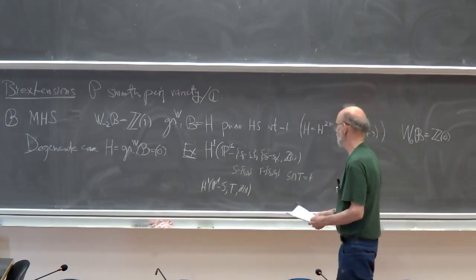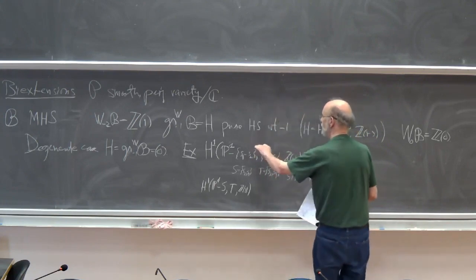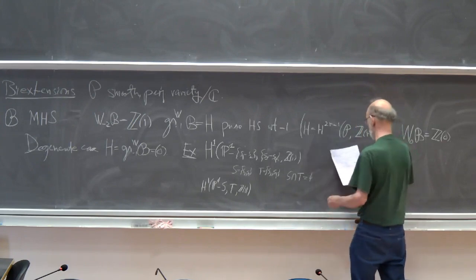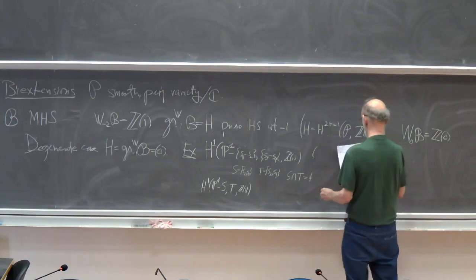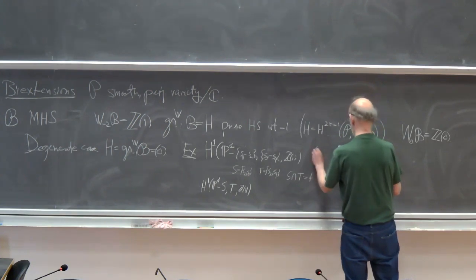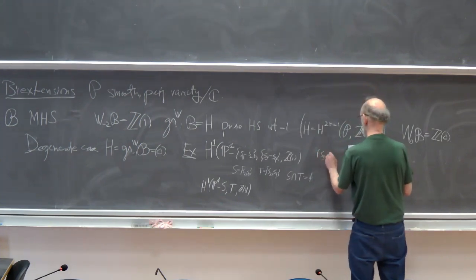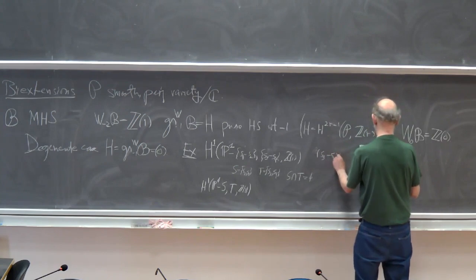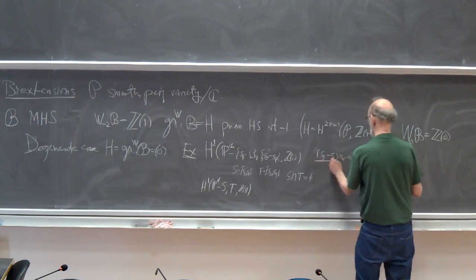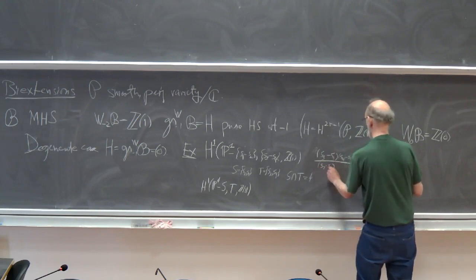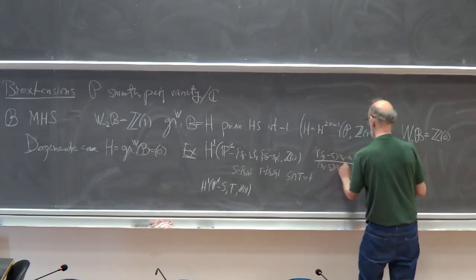But it would make sense to write H1 of P1 minus S relative to T with Z of 1 coefficients, providing that I assume that these 4 points are disjoint. I mean, that is the set S3 and S4, so capital S intersect capital T should be empty. Right? So in that situation, we can actually compute this cohomology group, and well, I mean, you know how to do it. So let me just write down a number here. I think what I've got here is S3 minus S1, S4 minus S2 over S3 minus S2 and S4 minus S1.